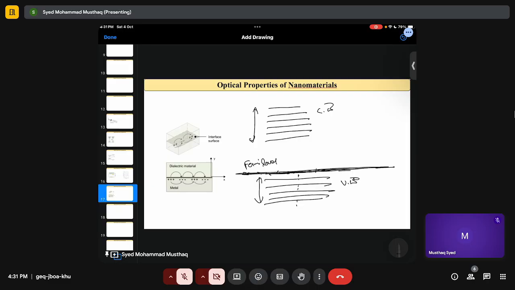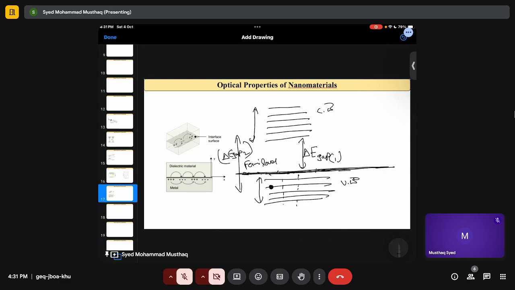I mean, electrons will lie here also, but fewer when compared to the Fermi level. Okay. So now, what is the band gap? Band gap is just this. If I am talking about the electron here, then my band gap is very large. Here to here, delta E gap 2. This is 1.